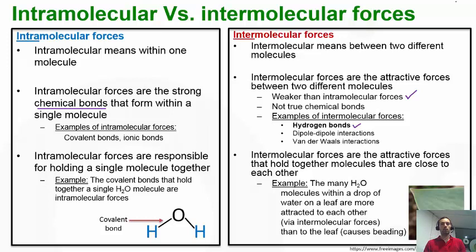So let's make it really clear what the difference between these two is then. In your mind, what is an intramolecular force? Simply, the intramolecular forces are the chemical bonds that hold together one single molecule. So you can think of intramolecular as being within one molecule. What about intermolecular forces? What do they represent?